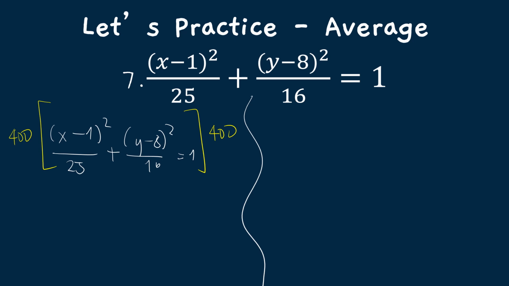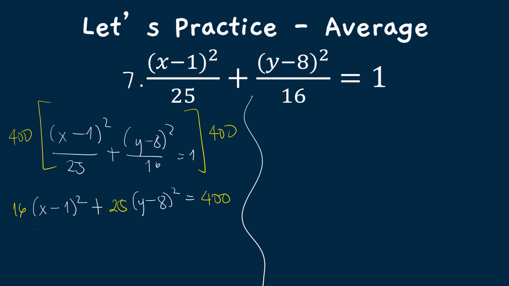So, 400 over 25, the answer is 16. Right? That's 16 in front of x minus 1 plus 16, divide also 16 to 400. So, 400 divided by 16, the answer is 25. And then, we have y minus 8 squared is equal to 400.